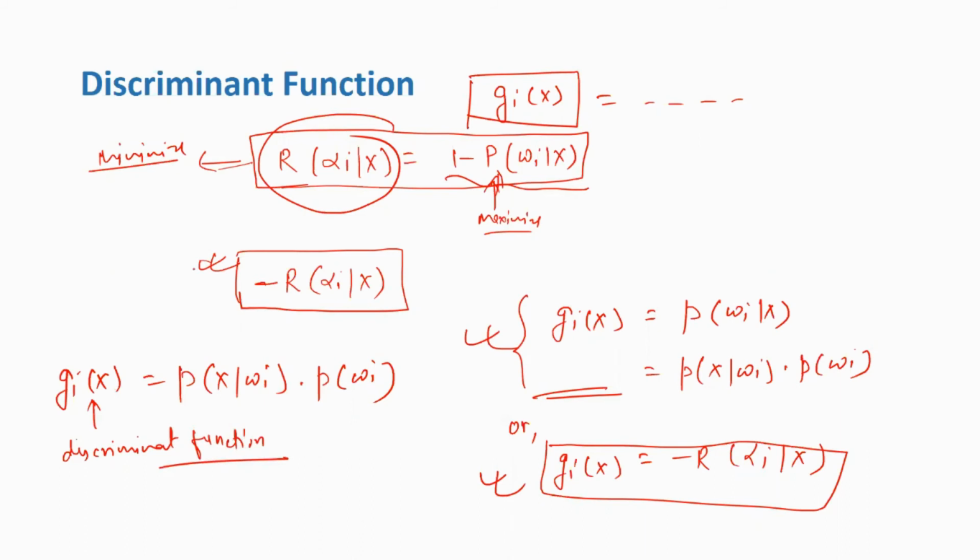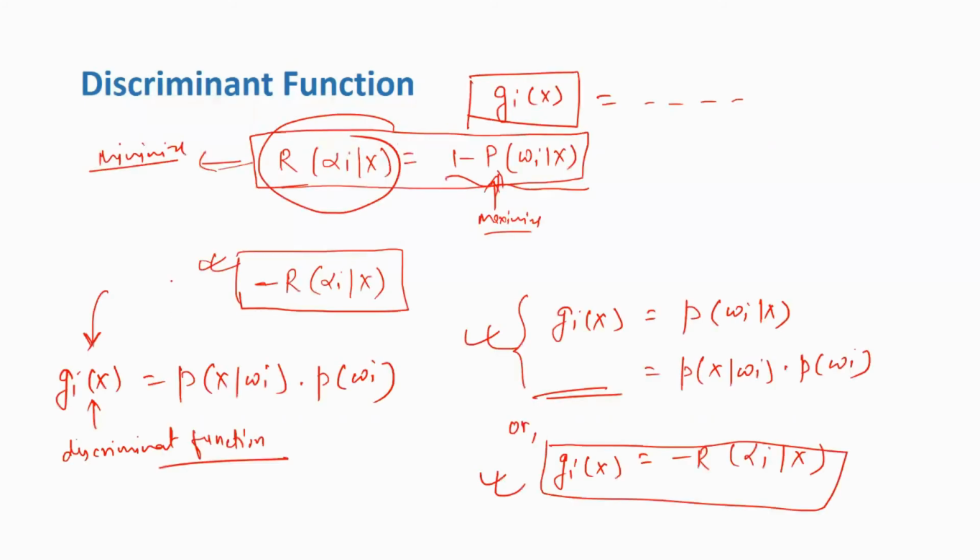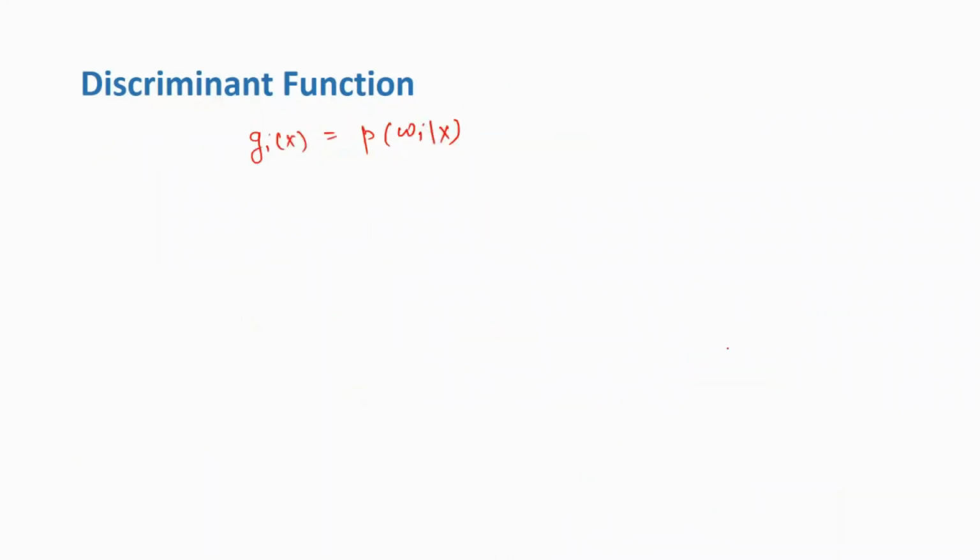Since we are saying that we will use this function as my discriminant function, right? Now this g_i(x) is the probability of omega i given x.